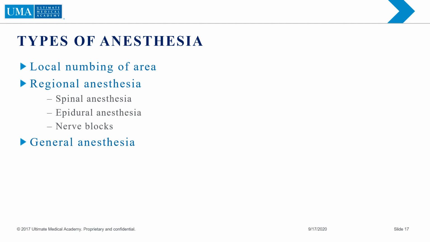For major surgery, options include regional anesthesia or general anesthesia. In some conditions, the anesthesiologist may actually combine regional and general anesthesia. Regional anesthesia types include the following: spinal, which temporarily blocks nerve signals to and from the lower part of the body.